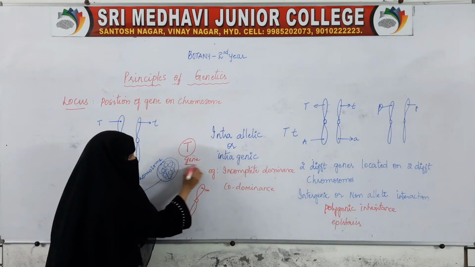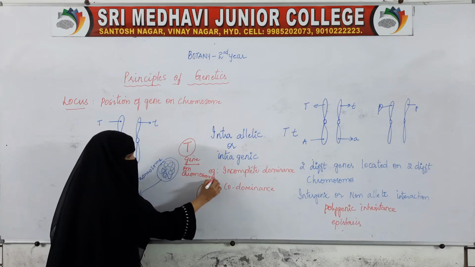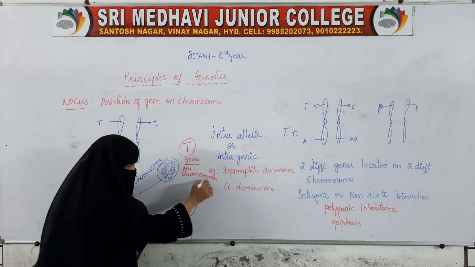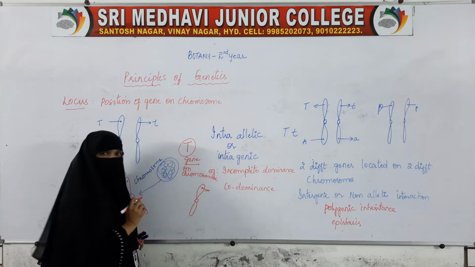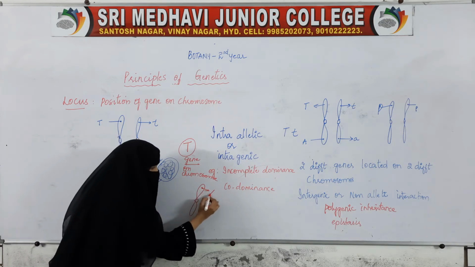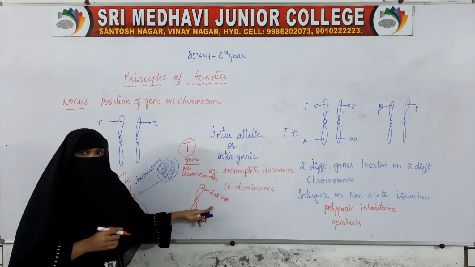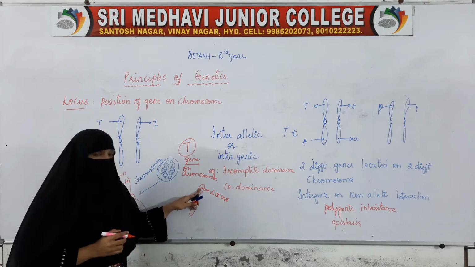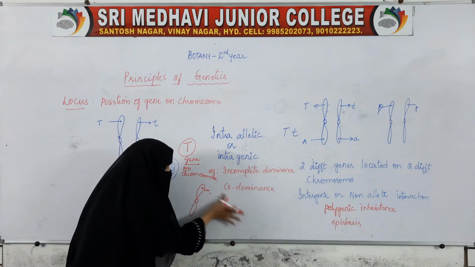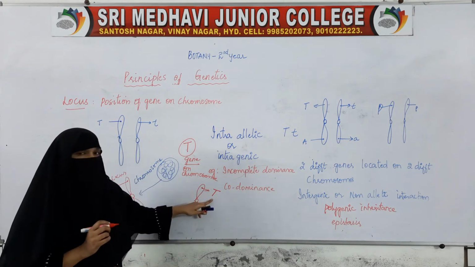Genes are present on the chromosome. So this is the whole chromosome, and this is the location where the gene is present. This is called the locus. Locus is nothing but the location on which the gene is present. This is the locus for which gene?